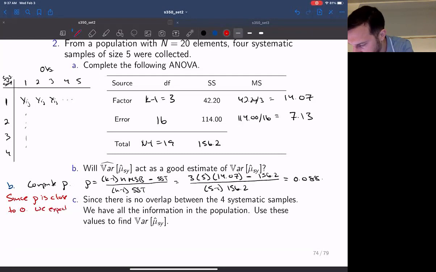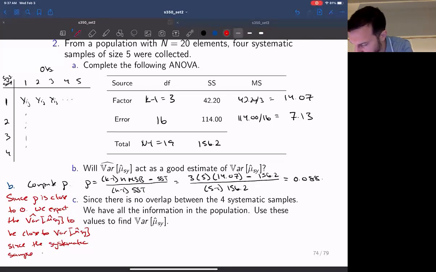We expect the estimate of the variance for mu hat to be similar, or to be close, I guess, to the true variance of mu hat sy, since the systematic sample should behave like a SRS.